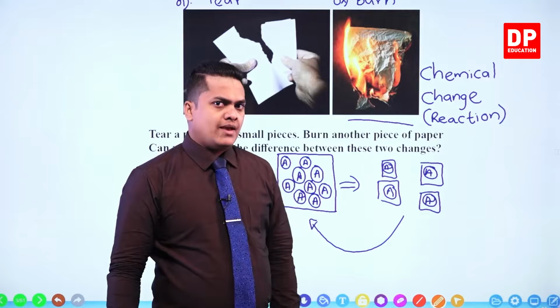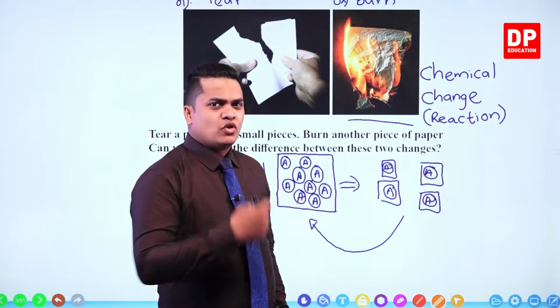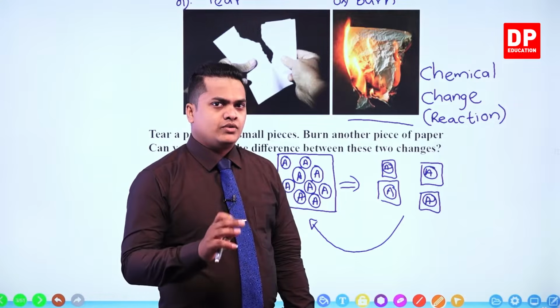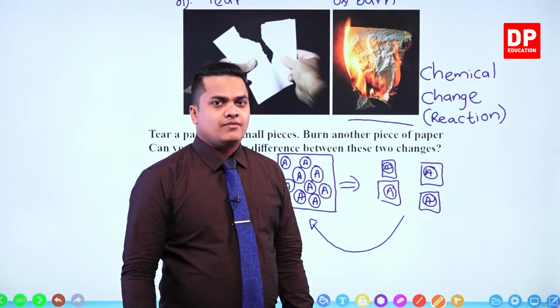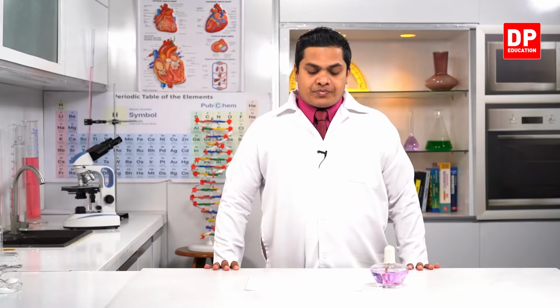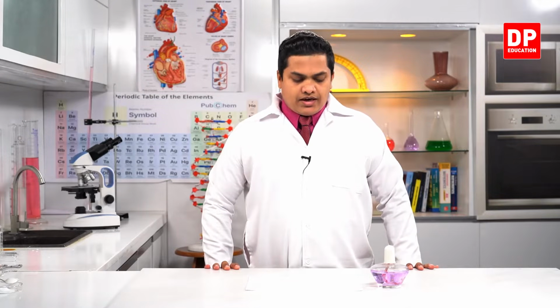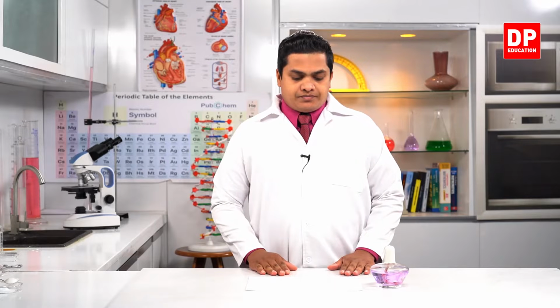We'll conduct this small experiment to get some idea about physical changes and chemical changes. Right, my dear children. Now, let's see how to identify these changes in our environment. There are two types of changes which can occur in our environment.